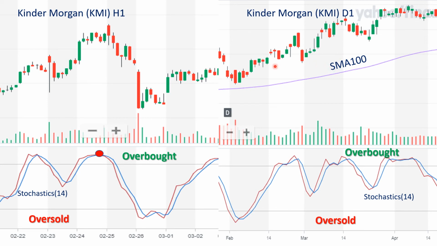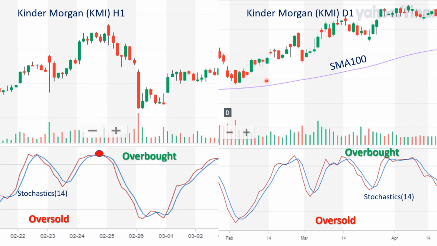So all the time, before you enter or exit the market, first check the bigger picture, the longer time frame, and see whether the trend is upward or downward. If the trend is going up, meaning the price is above the SMA 100, you ignore the overbought area.